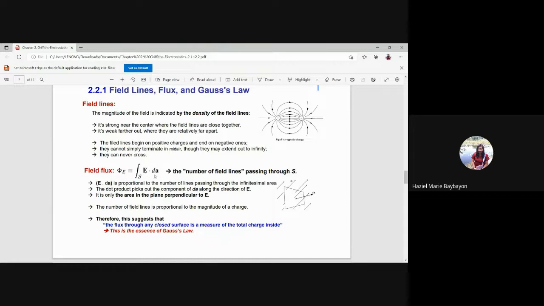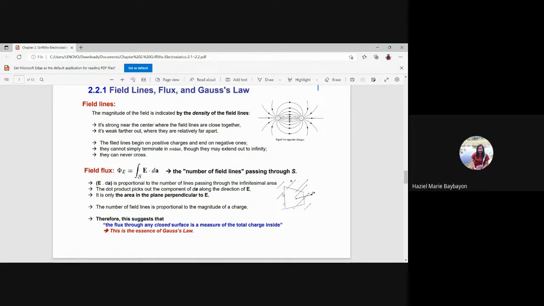You get the dot product of these two and then take the integral over the whole surface. So that is the electric flux, or we can call it the field flux. It is physically defined as the number of field lines passing through a given surface.